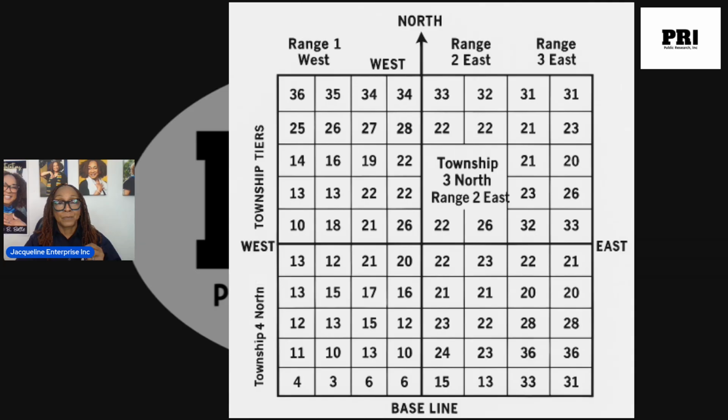So if we look at a quarter section, 1/4 of a section. Now remember, we said a section was 1 square mile, which encompasses 640 acres, right? So when we take a quarter of that section, that's going to be 1/4 of that 640. So that would be 160 acres.